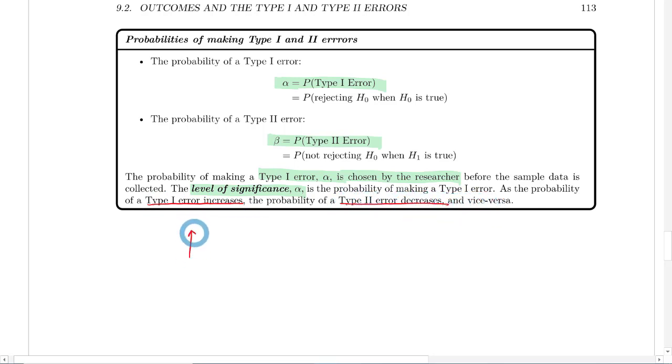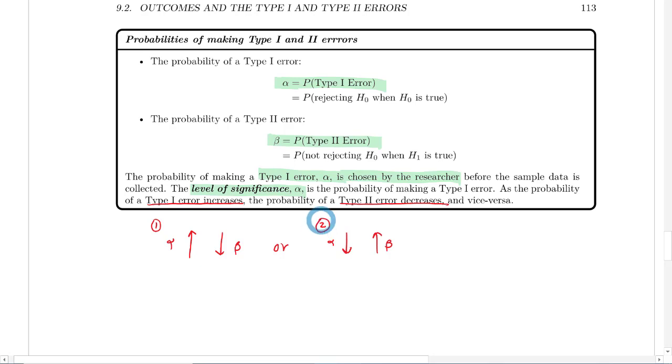So as alpha goes up, beta goes down. Or as alpha decreases, the smaller the alpha, the bigger the beta. So this is the first scenario. The second scenario.